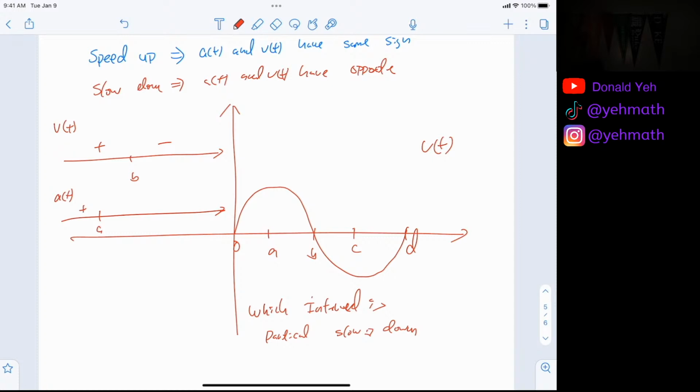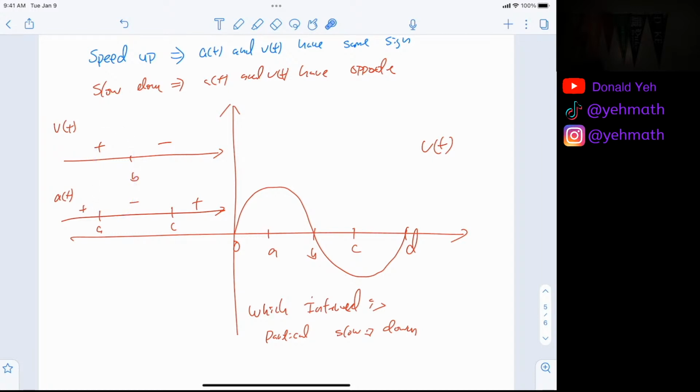So positive slope is increasing, and B to C is decreasing because it's going down. From C to D is going up. Slowing down is the opposite sign. Here there are two positive signs, but in this region one's positive, one's negative.